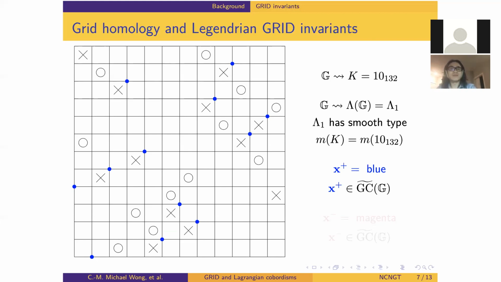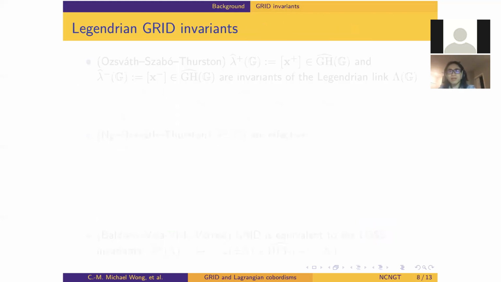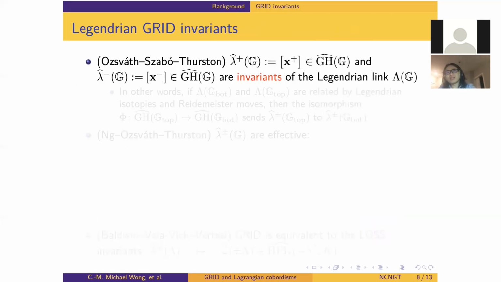So it's a cycle. Similarly, if you take the bottom left of each X and look at that generator, x minus, it is also a cycle. And so what Ozsváth, Szabó, and Thurston proved was that the homology classes of these two cycles are invariants of the Legendrian link lambda.